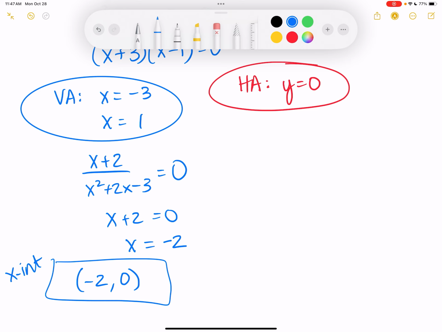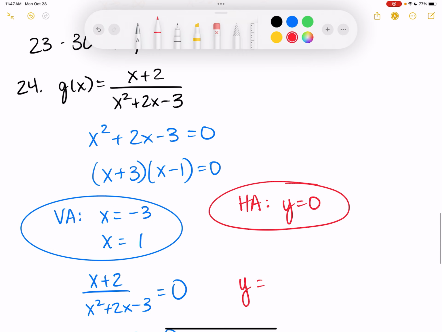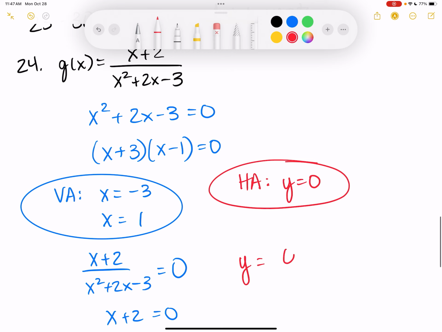Now, if I want to find the y-intercept, what do you think I need to do? Set x equal to 0. So that means I'm going to have y equals, everywhere there's an x, I'm putting a 0. So 0 plus 2 over 0 squared plus 2 times 0 minus 3.